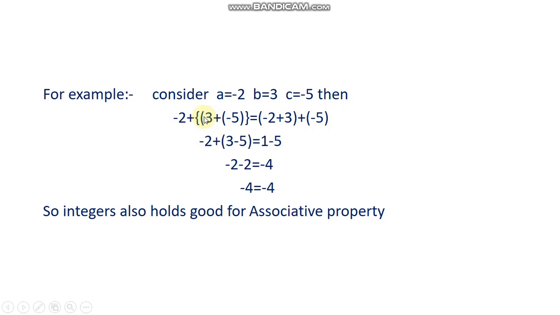Write minus 2 as it is, plus 3 as it is, plus of minus is minus, write 5 as it is. Minus 2 plus 3 is 1, because the bigger number is positive, so 1, minus 5, it comes minus 4 is equal to minus 4. So integers hold good for associative property under addition.